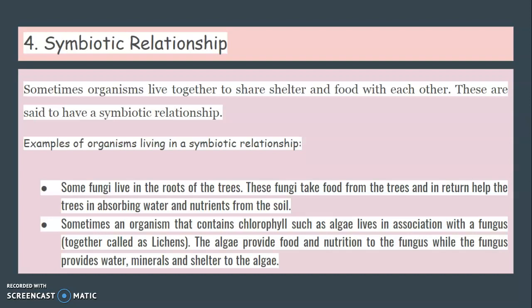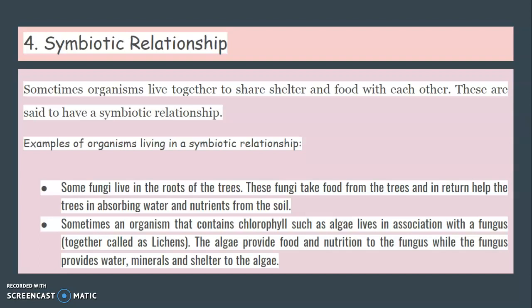So if you observe, a symbiotic relationship means these organisms are living together to share shelter and food with each other. Sometimes an organism that contains chlorophyll, such as algae, lives in association with a fungus. Together, this is called lichens.